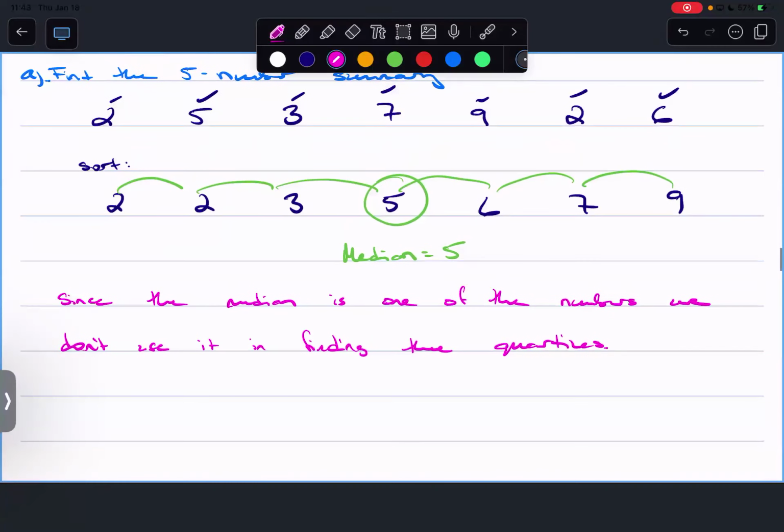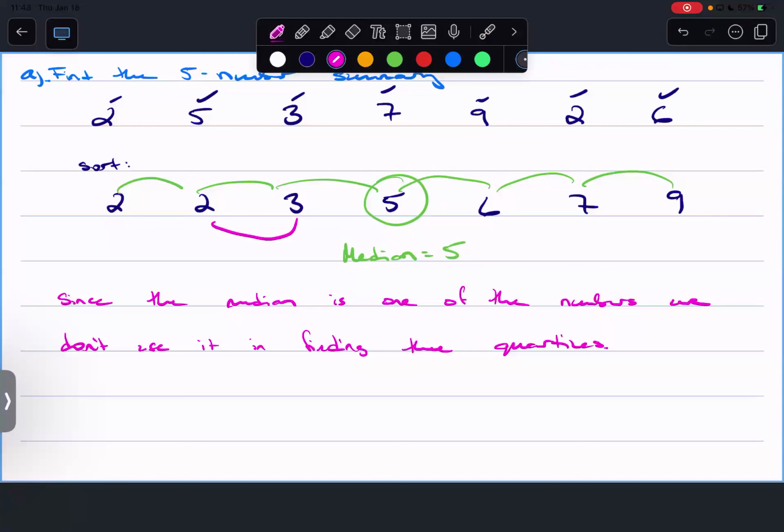But if I asked you, okay, I told you how to find the median, now find the quartiles, right? Just knowing that piece of information that you're not going to use the 5, I'm feeling pretty confident that you would say, oh, okay, maybe it's the median of the lower half, and then the third quartile is the median of the upper half, right? You just zero in on the lower half and then the upper half, right?